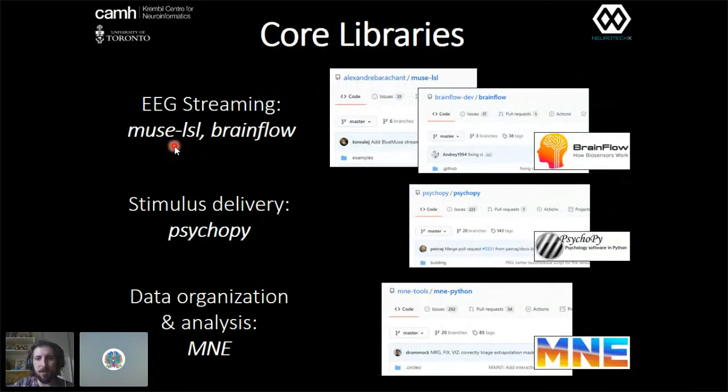BrainFlow allows you to stream signals from a large number of devices with some nice low-level C-implemented streaming functionality. So we're using BrainFlow to expand the device support options, which I'll talk about on the next slide. So the first stage is get your EEG data.